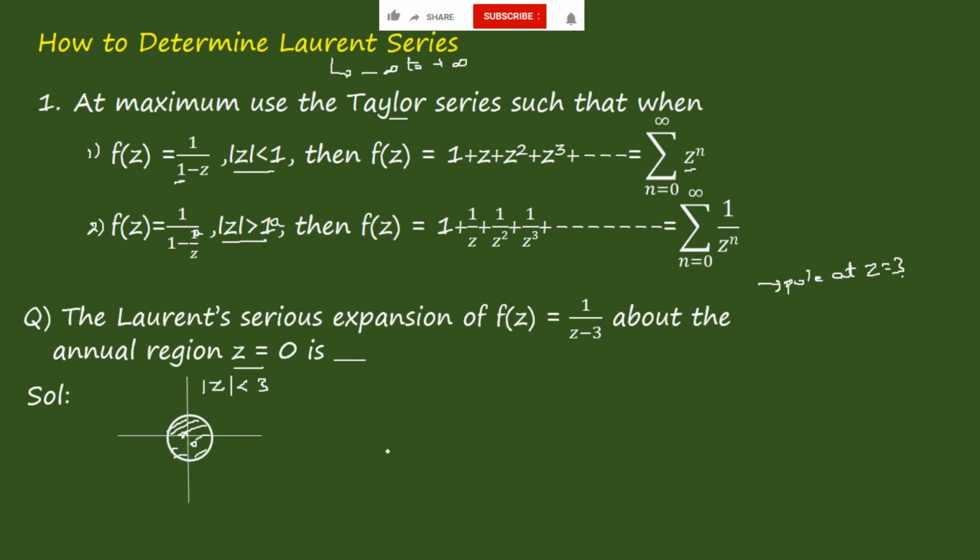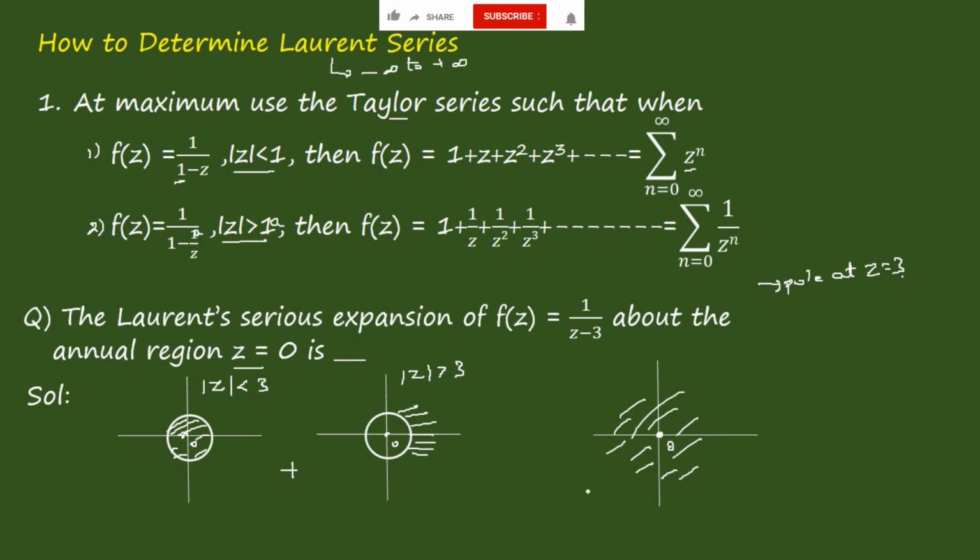Now coming to the other one, this is the 0 point, and we'll find it for mod z greater than 3, which gives the outer region. Now when we add both of them, we get the whole of the Laurent series. So we have to find it for mod z less than 3 and mod z greater than 3.